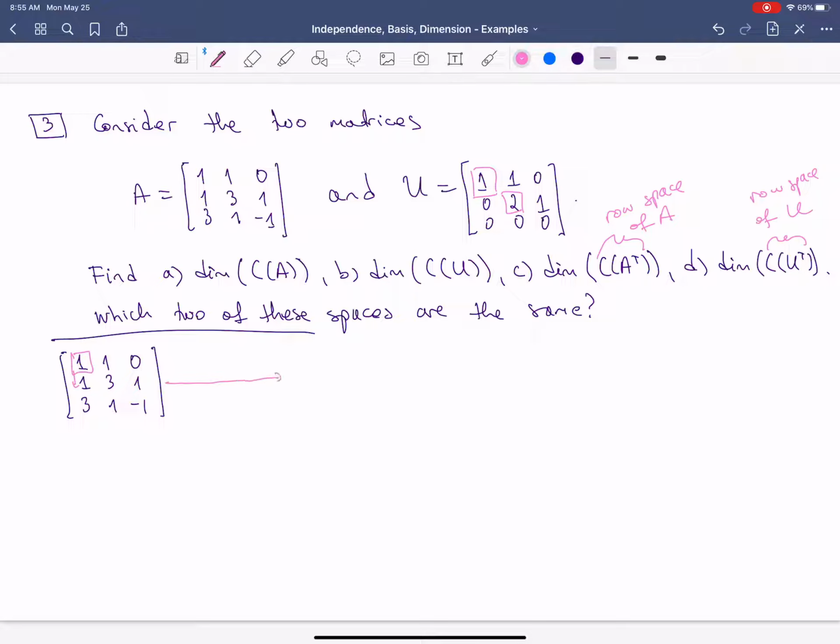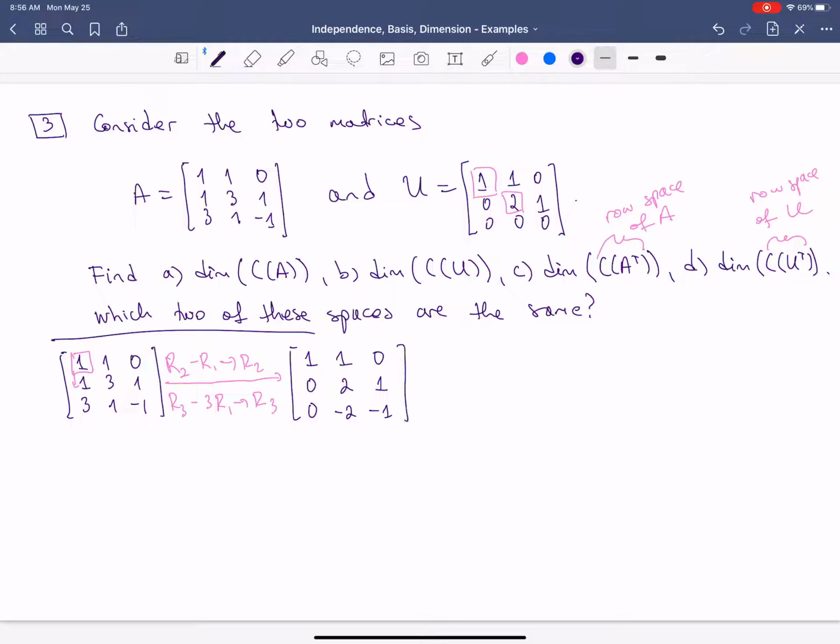The operations would be R2 minus R1 into R2, R3 minus 3R1 into R3. What am I getting? I have 1, 1, 0, 0, 2, 1, 0, then 1 minus 3 is a negative 2, and a negative 1.